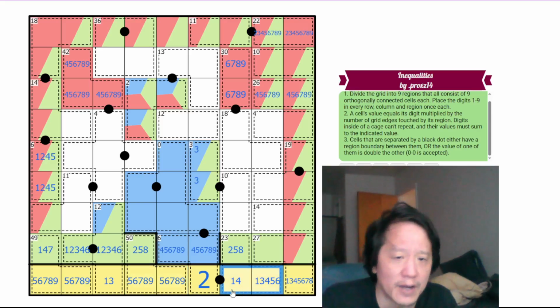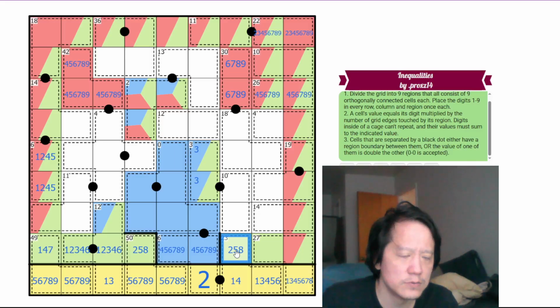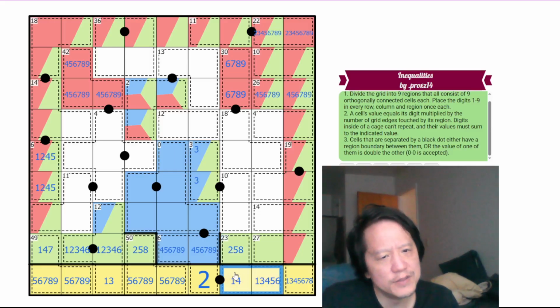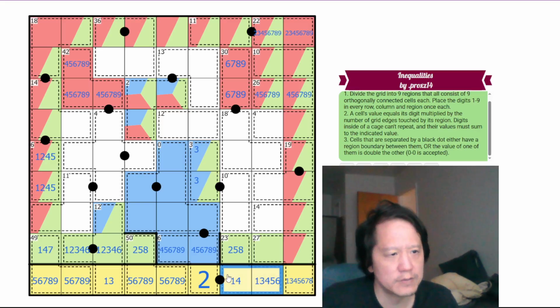Okay, what about 23 here? It could be 1, 4, and 8. This is guaranteed to have 1 or 3 here, because this is at most 7.